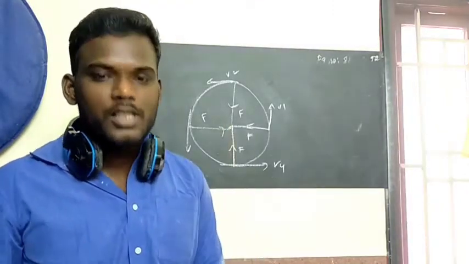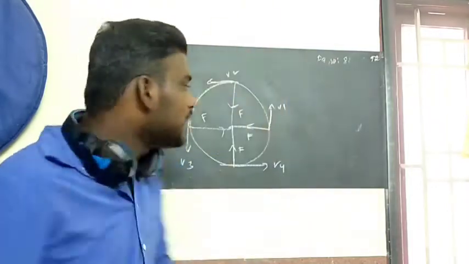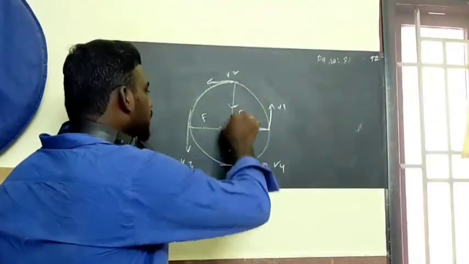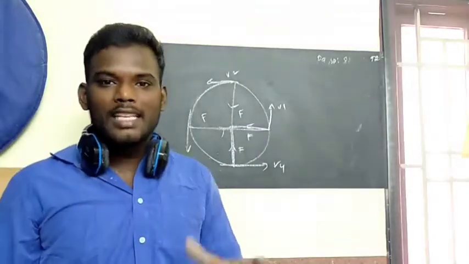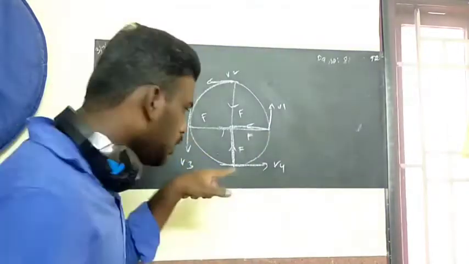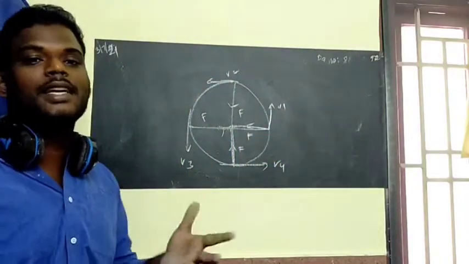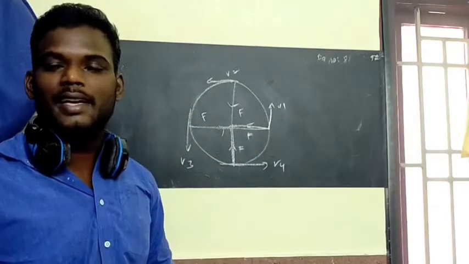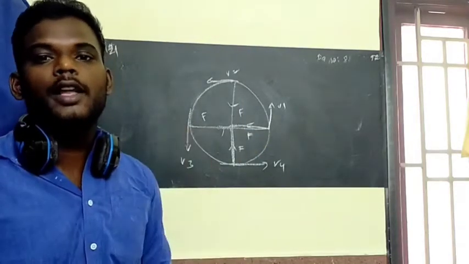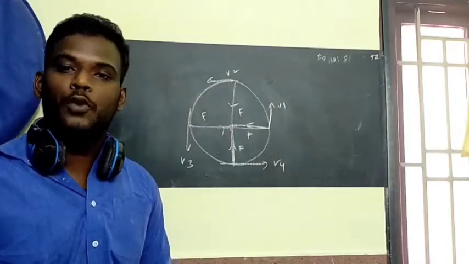The centripetal force is a force which is always acting towards the center, and this force helps the particle to move in a circular path. That's called centripetal force.